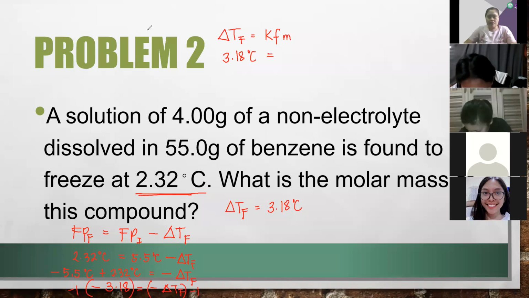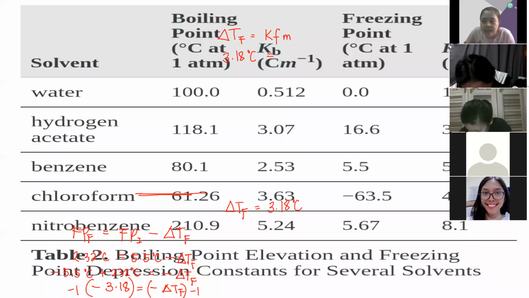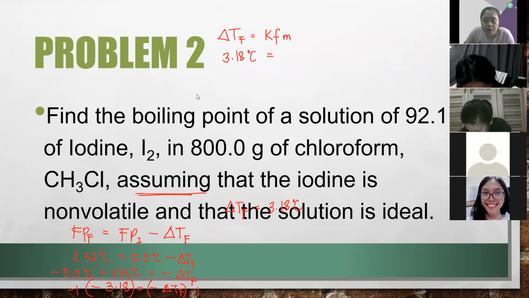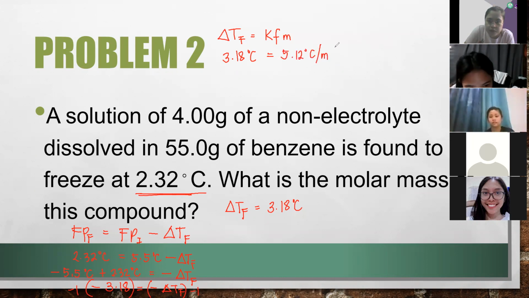And what was the Kf? For benzene, again, the Kf is 5.12. Medyo mahirap kasi ito na problem. Kasi baliktad siya. So this is 5.12 degrees Celsius per molar here. Meaning ang hinahanap natin, class, is actually the molality before we can really compute for the molar mass.